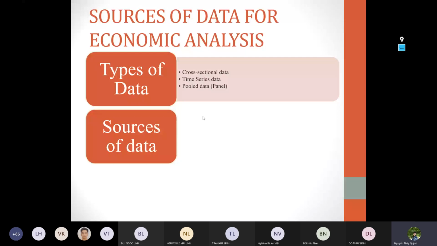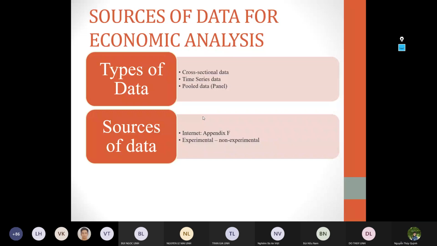Sorry, in Appendix F. The data can be experimental or non-experimental. Experimental data are usually the data that we obtain in natural science courses, and non-experimental data are usually the data that we obtain in social science.